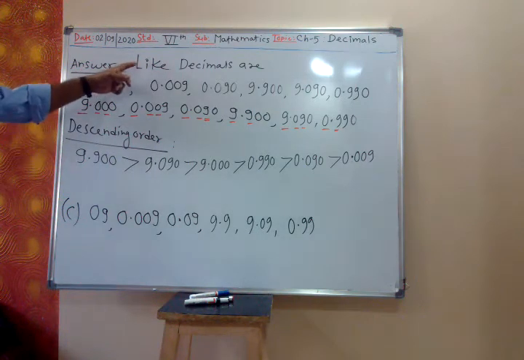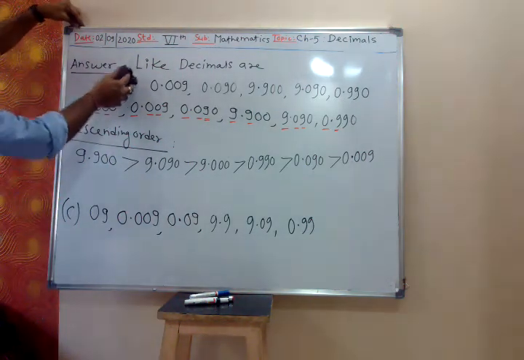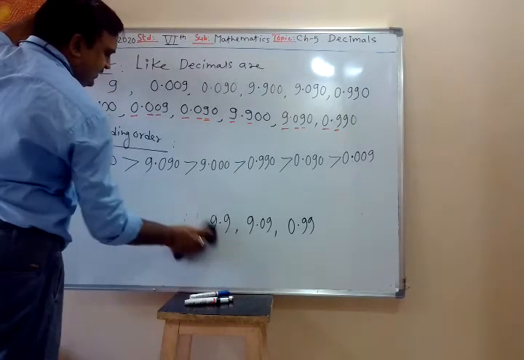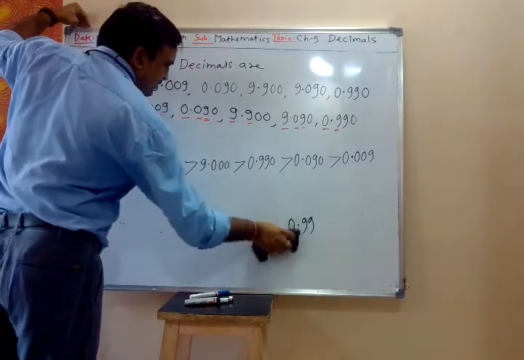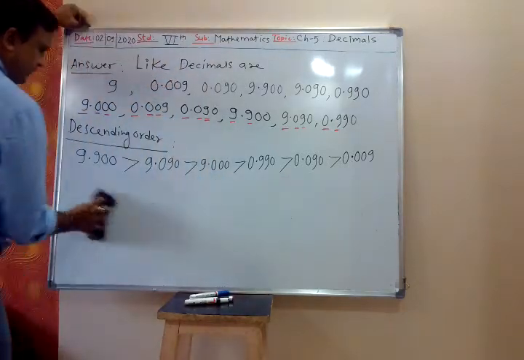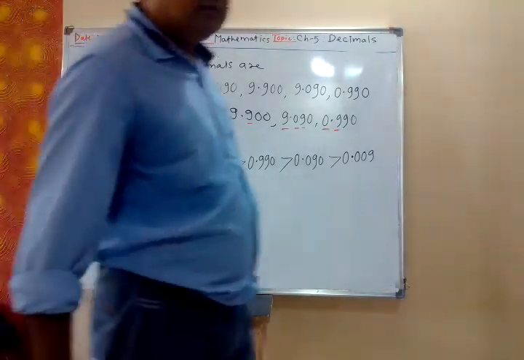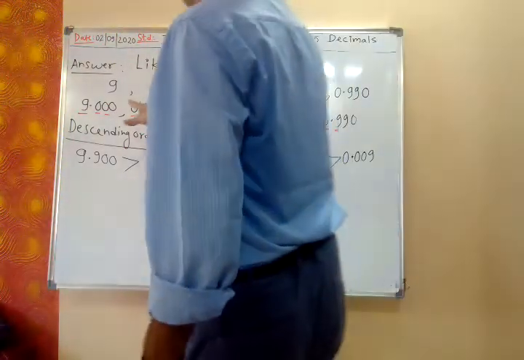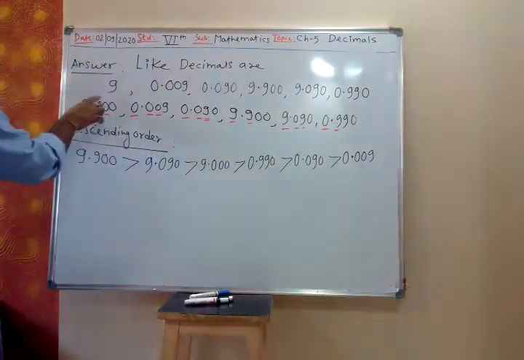First you convert them into like decimals, and then descending order means you have to write down. My dear, see, like decimal means after point they should all have the same number of digits.